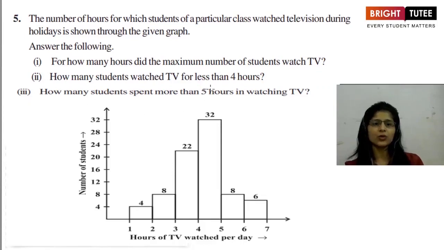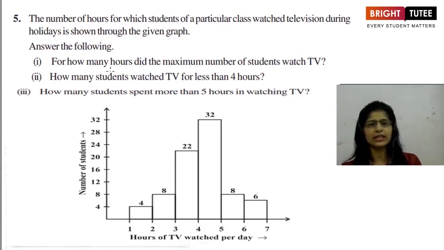So we have to answer this question based on this histogram. In the previous question, first we drew a frequency distribution table, then with its help we were able to draw the histogram, and now we are going to read a histogram and answer the questions, right?